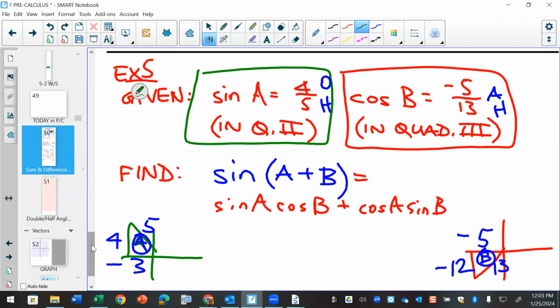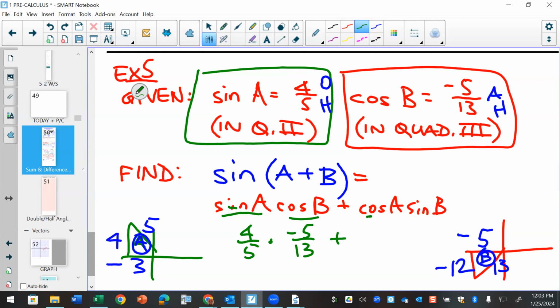What's sine of A? Oh, that was given. What was it? Nice, 4/5. What's cosine of B? Oh, that was given too. -5/13. But now we've got to get to work.